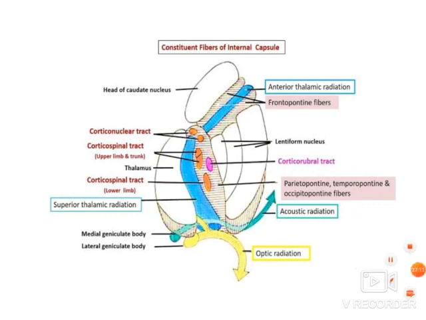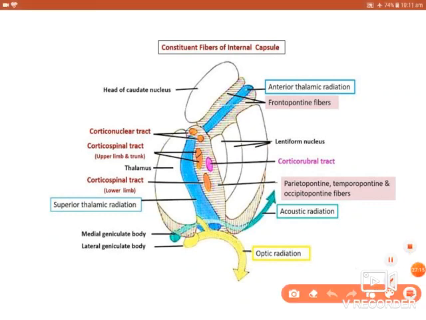Then, about the fibers of this internal capsule, there are motor fibers and sensory fibers. So, here, this is the head of the caudate nucleus. This is the thalamus. This one is the lentiform nucleus. So, this is the right half.